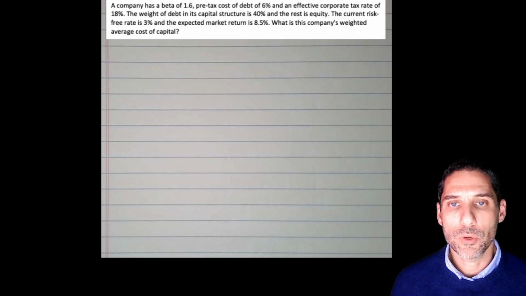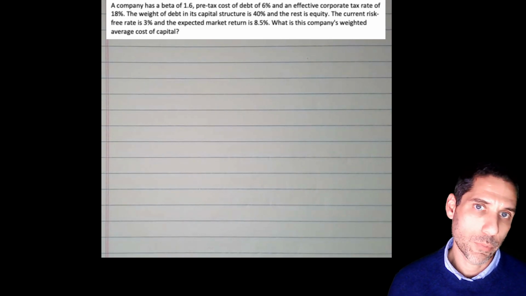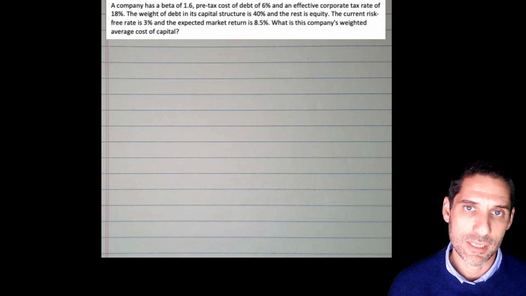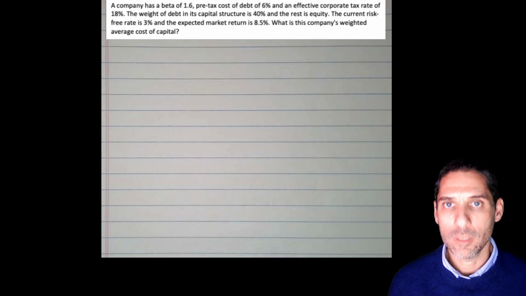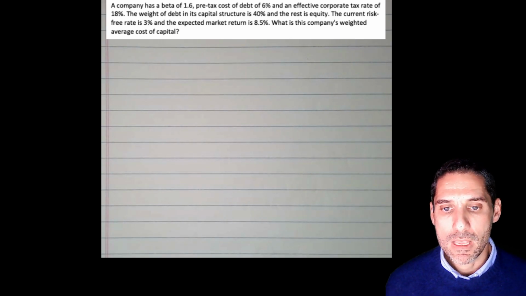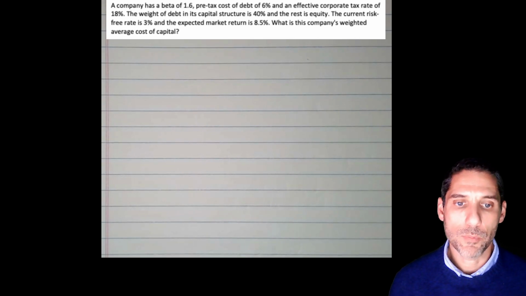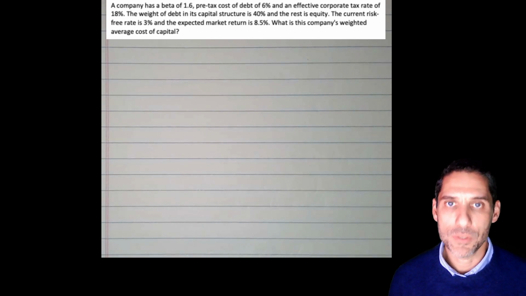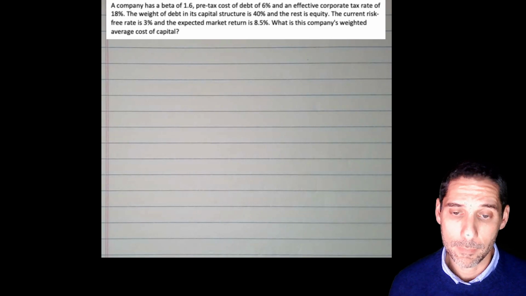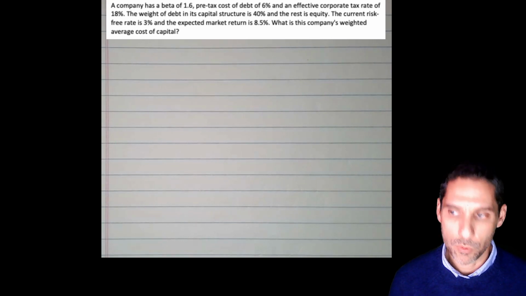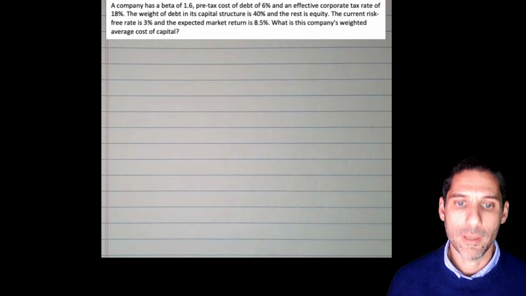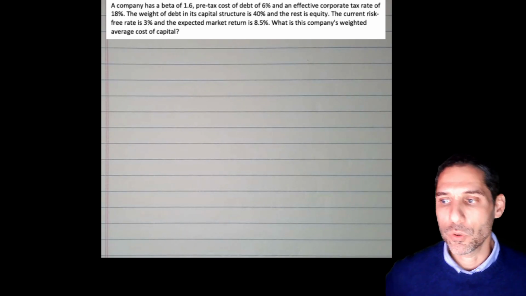Effective corporate tax rate of 18%. That's going to bring the interest tax shield or interest tax advantage and will lower the cost of debt. Weight of debt is 40%. Rest is equity, so 60%. Current risk-free rate is 3%. Will be used in CAPM. Expected market return is 8.5%. Will be used in CAPM. What is this company's weighted average cost of capital?